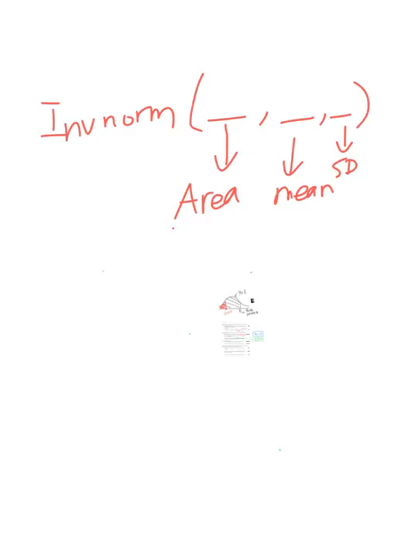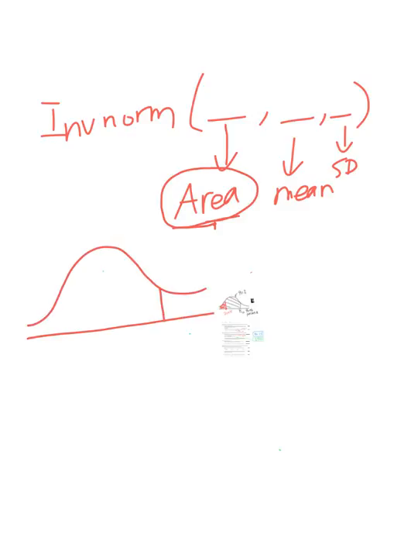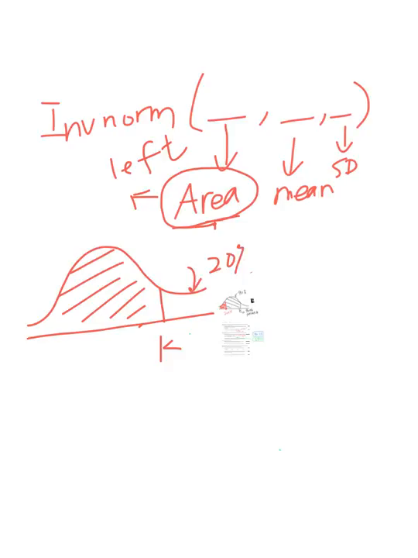The challenge is how to find the area. The area represents, for example if we are looking for the value of k, the area to the left of k. So if we know we have 20% of observations bigger than k, how do we find the value of k? We need to input 80%. We always need to input the area to the left of this number. This is very, very important.